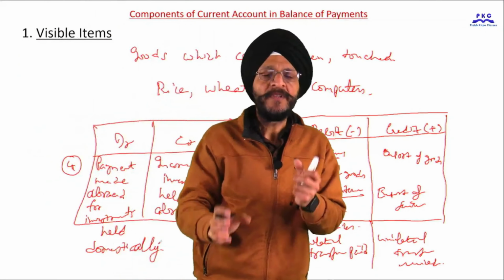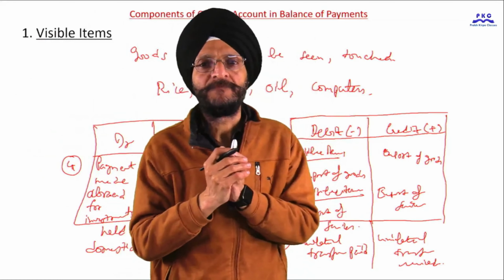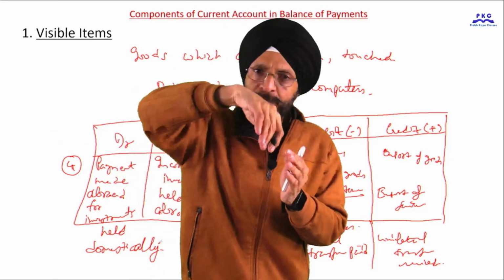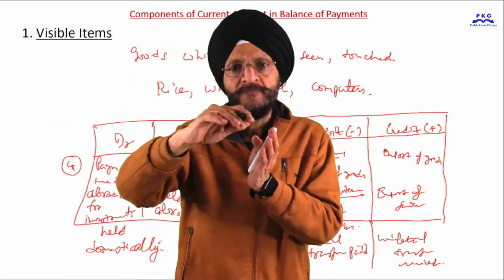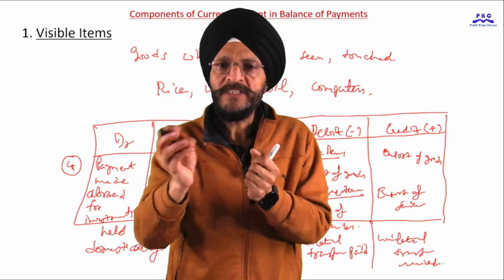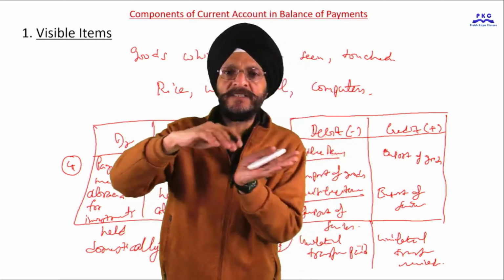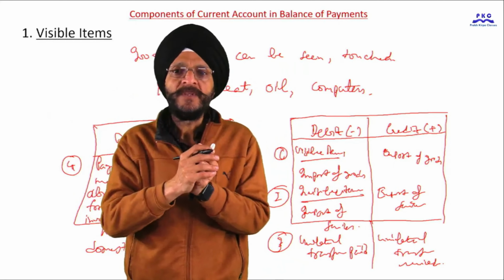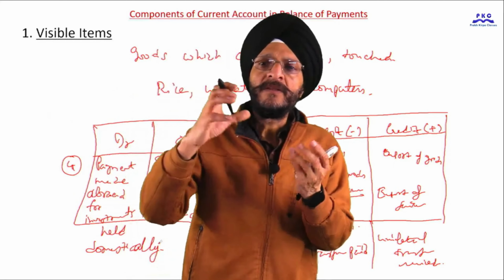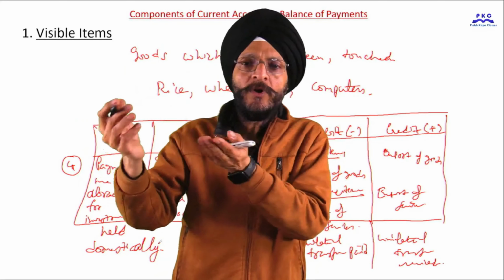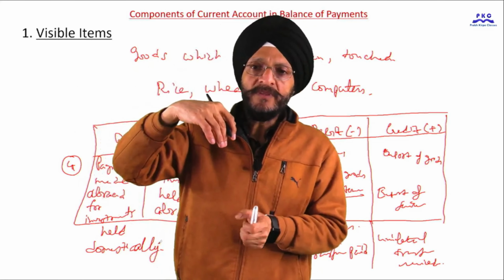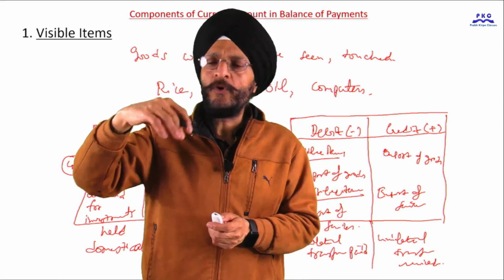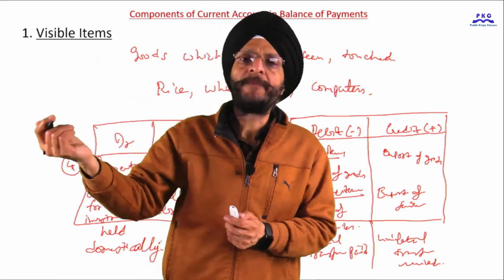So in this way, these are the four components, that is export and import of goods, export and import of services or invisible items, unilateral transfers paid or received, income received from abroad, or payments made to foreign investors or investors abroad.